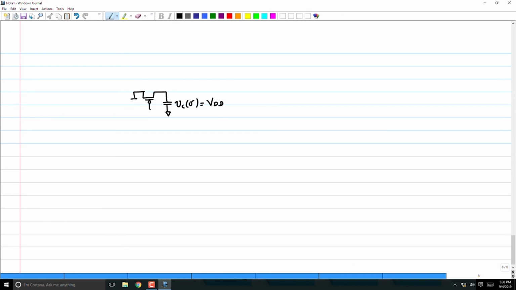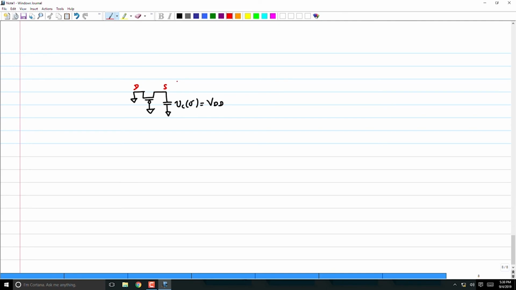And this is going to come down to, I'm going to ground this guy. And this also I will ground. What's the drain and source first? Drain is at ground. This is source.